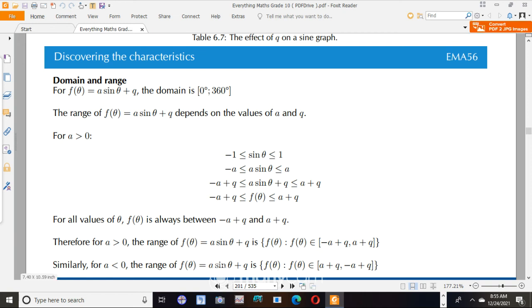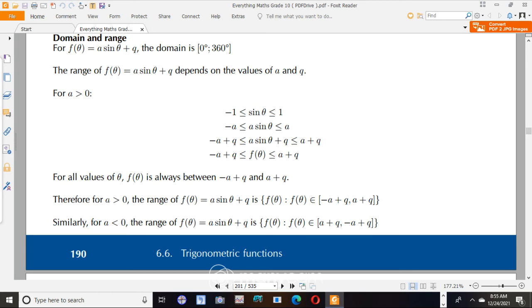For all values of theta, f of theta is always between -a plus q and a plus q. Therefore, for a greater than 0, the range of f of theta equals a sin theta plus q is that f of theta is an element of [-a plus q, a plus q]. For a less than 0, the range is that f of theta is an element of [a plus q, -a plus q].